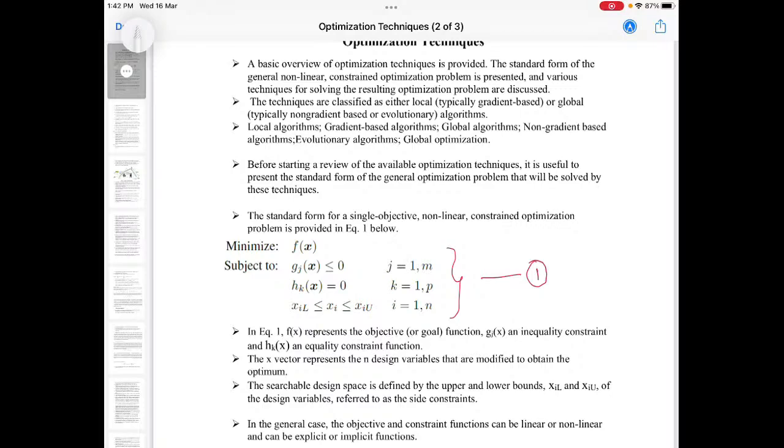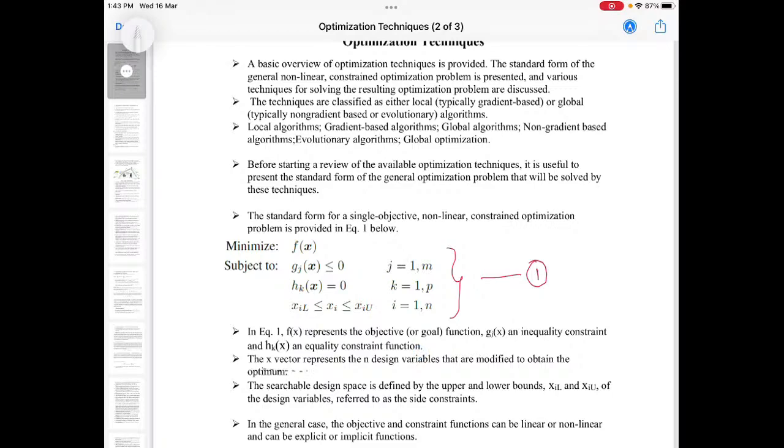Here gj of x less than or equal to 0 is the inequality constraint, and hk of x is an equality constraint function. So there are two constraints: gj of x, which is an inequality constraint function, and hk of x, which is an equality constraint function.